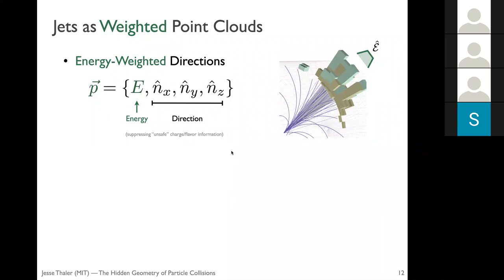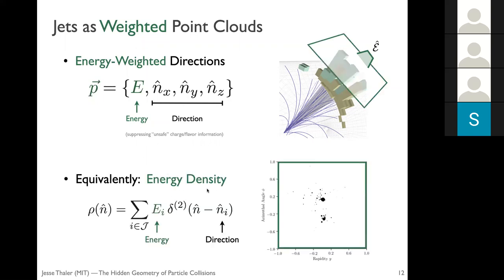And what we'll see in this talk is a representation of this weighted point cloud, or of this energy flow, as an energy density. If I take my detector and just take a patch of it, this is now a head-on view of a jet, and I represent the energy depositions in an idealized calorimeter.